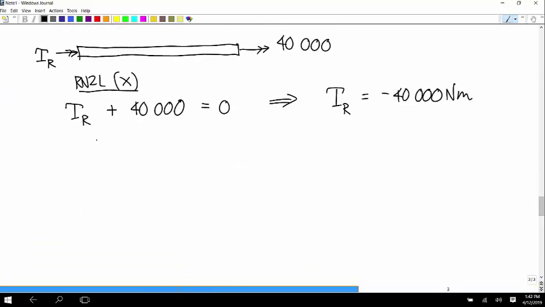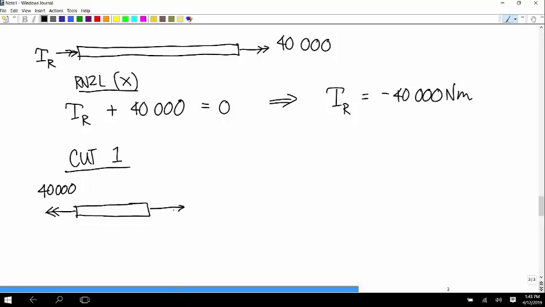And now that we have that, we can do our cut. So for points inside this shaft, we have a reaction torque going this way of 40,000, and now we have our internal torque, T.